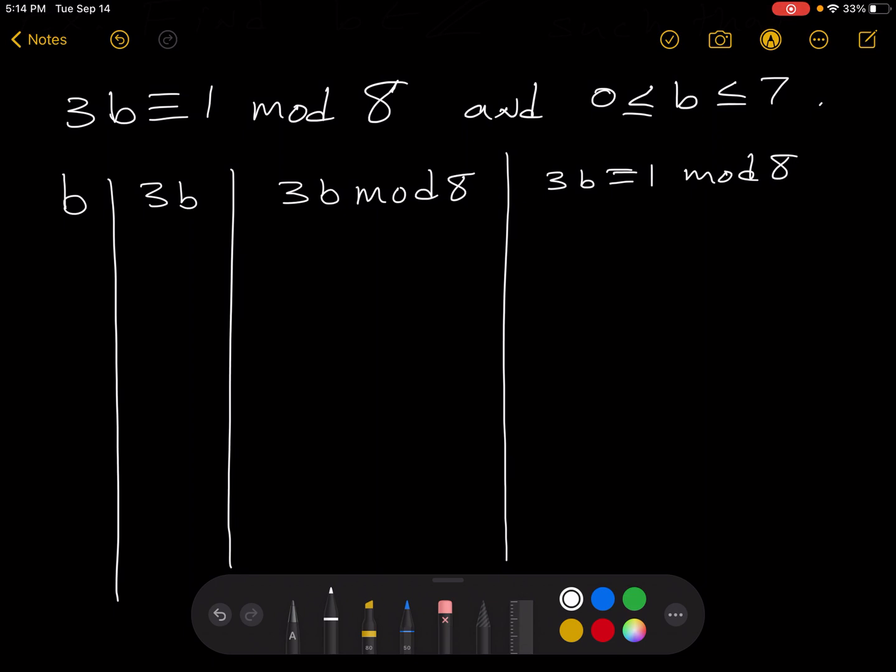Something like that. Straight across like that. Now remember, b is between 0 and 7.